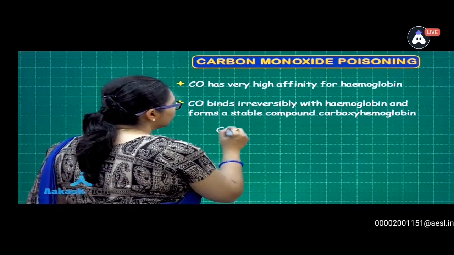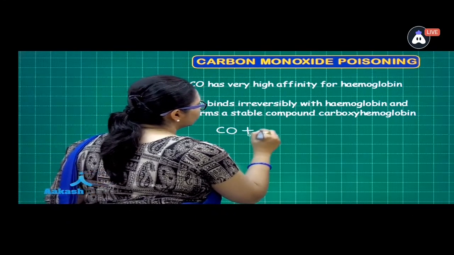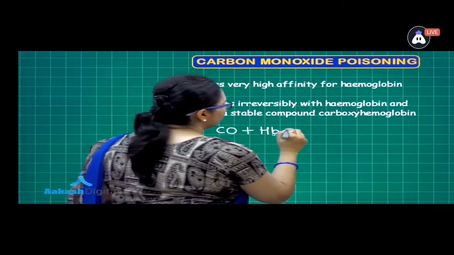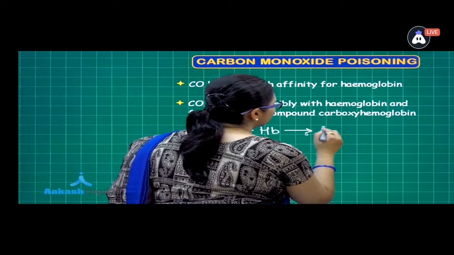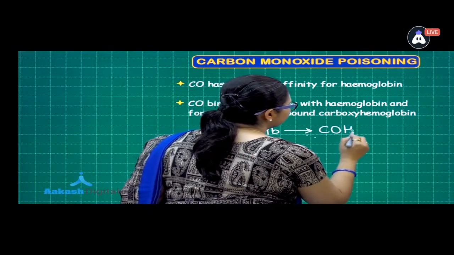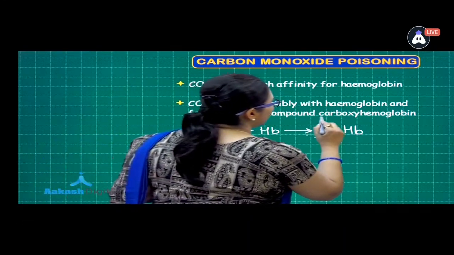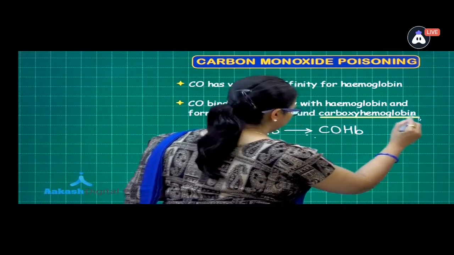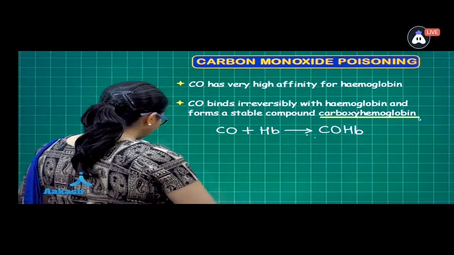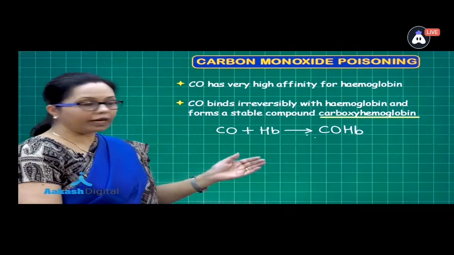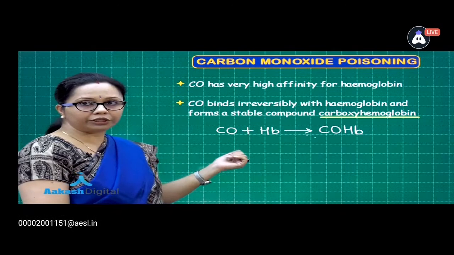That means carbon monoxide with hemoglobin forms a compound COHb, named carboxyhemoglobin. And this carboxyhemoglobin is a stable compound, that means it is not going to dissociate.